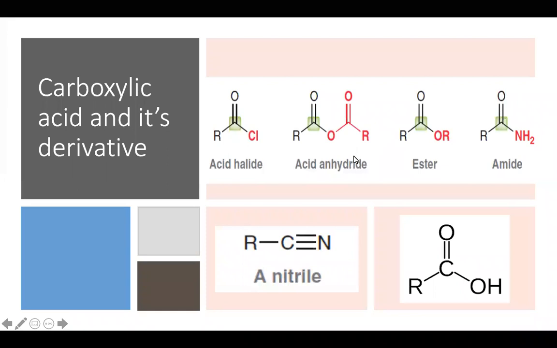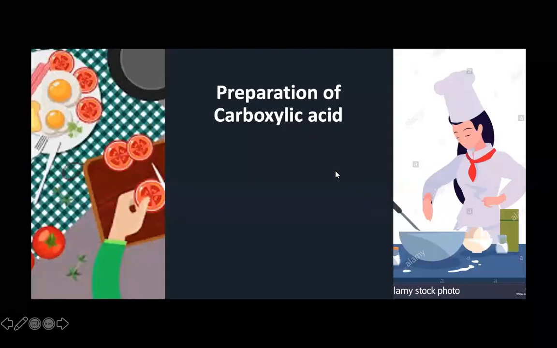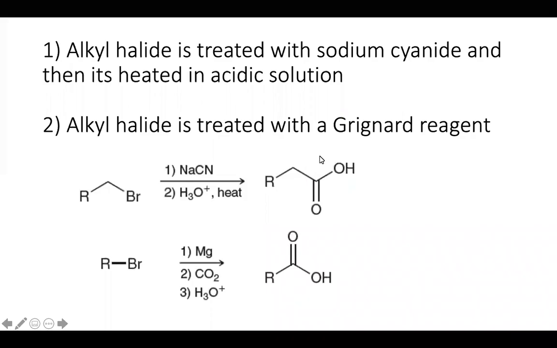Carboxylic acid and its derivatives. So how do we make carboxylic acid? There are two ways. First, we can let alkyl halide react with sodium cyanide to produce a carboxylic acid. We can also use a Grignard reagent, also with alkyl halide.